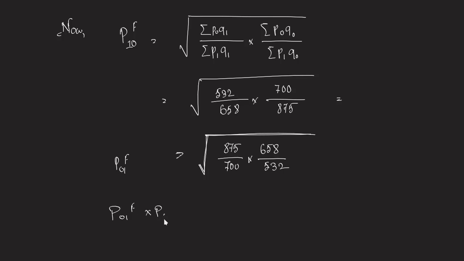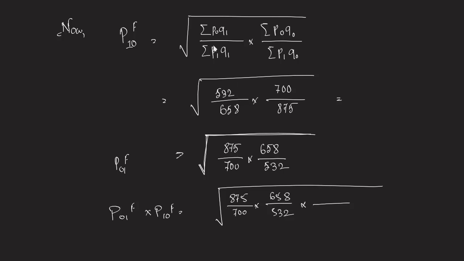If I multiply P01F and P10F, this will give you, in P01 we had 875 by 700 into 658 by 532, into your P10, 532 by 658 into 700 by 875.